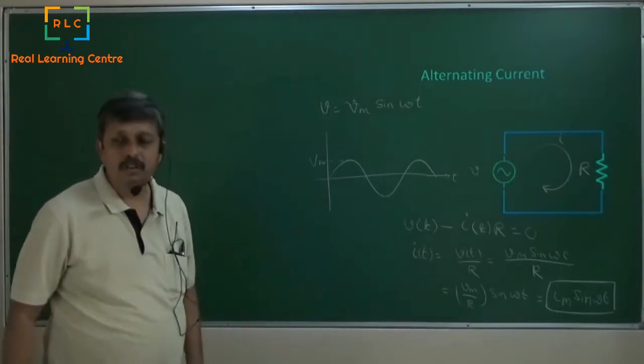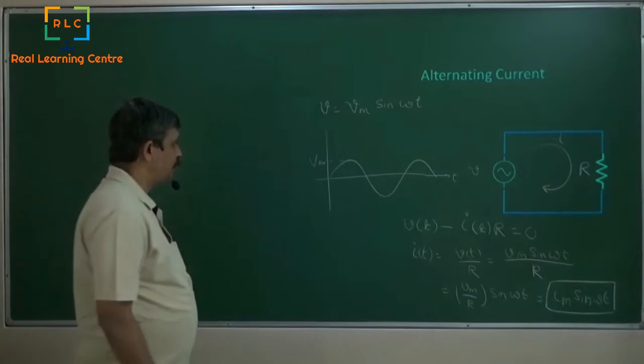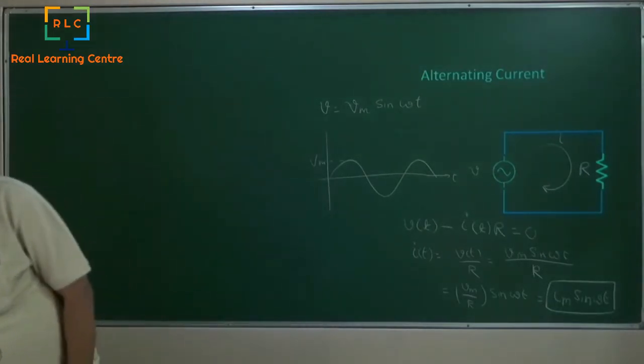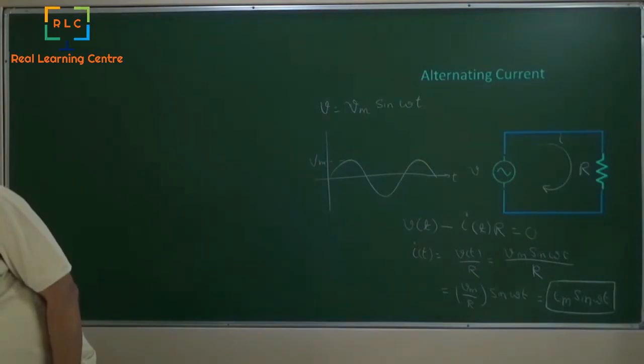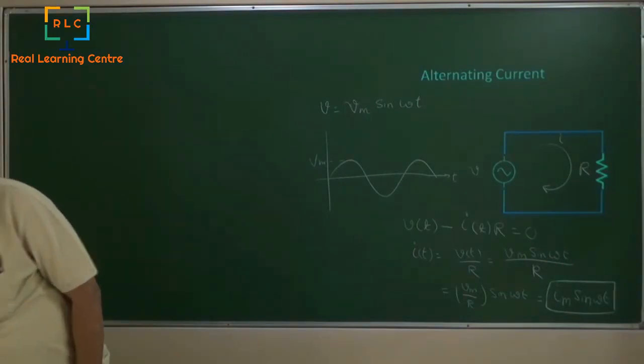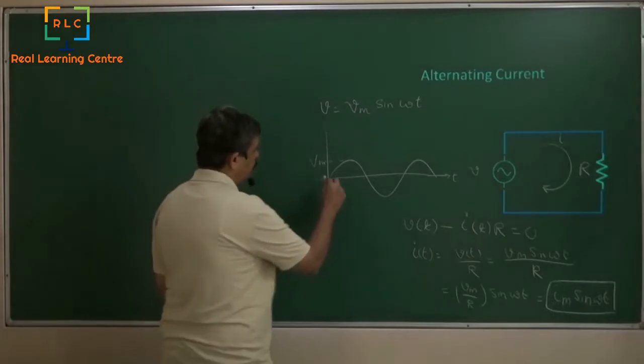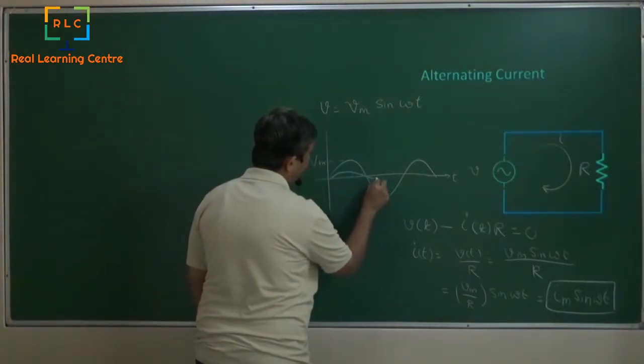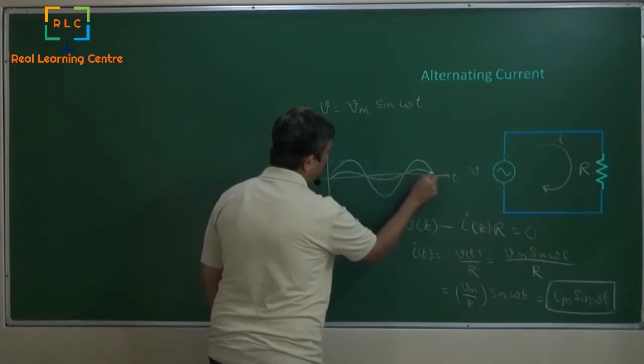If you want to plot that Im sin omega t, let's say I want to plot i also on the same graph. One can plot it as some value of i, something like this.